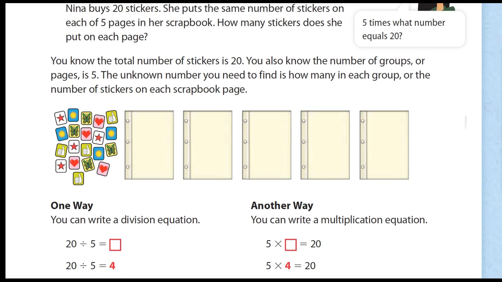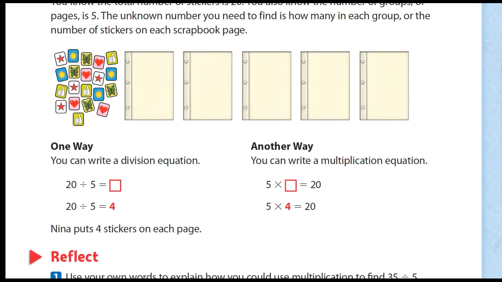And then look at the bottom that says, here's one way to do it. They tell you 20 divided by 5, and my answer is 4. Or then we have this, I wrote it up there previously. 5 times what gives me 20? 5, 10, 15, 20, 4.